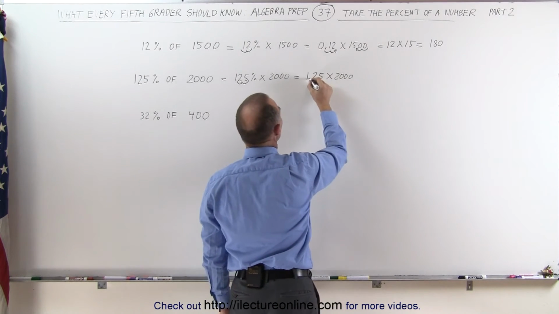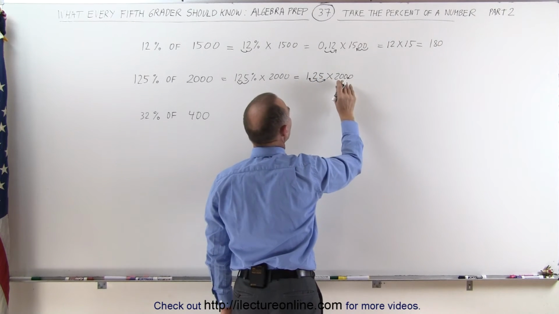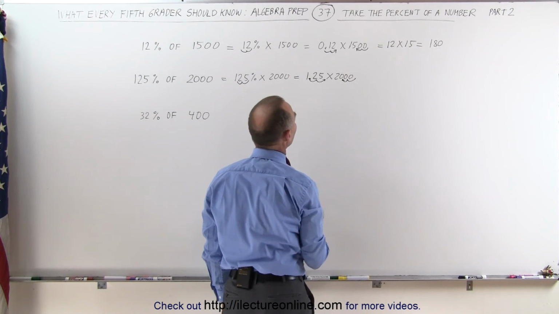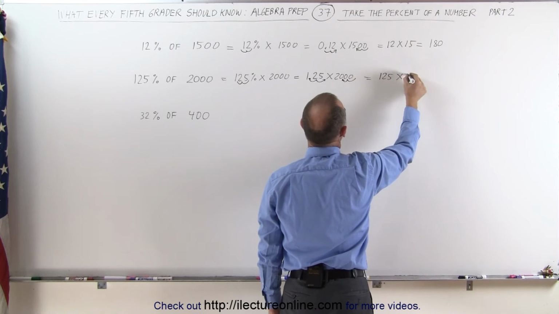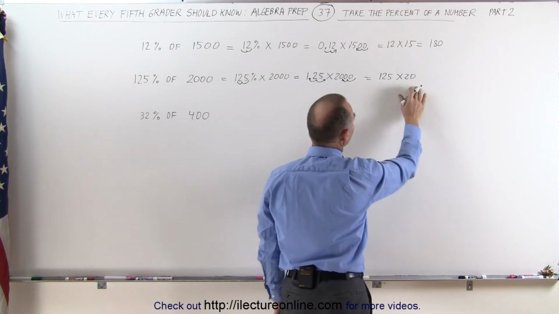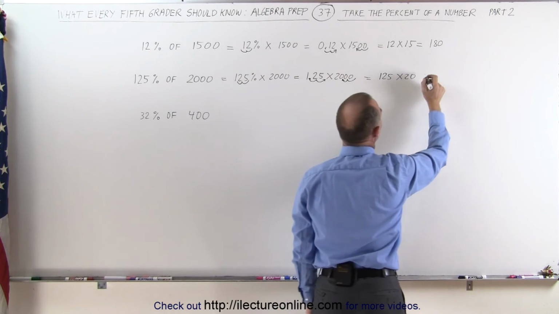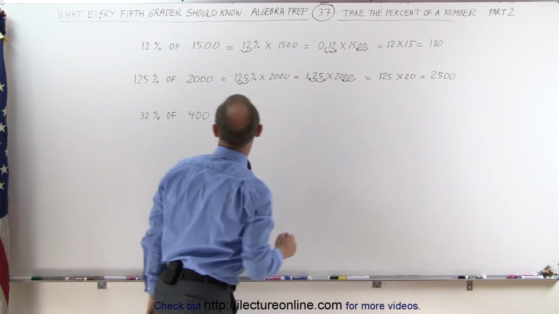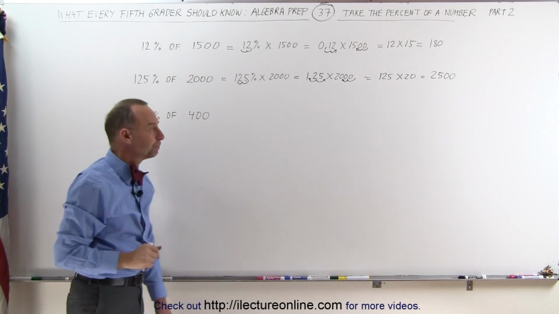What I do here is multiply this times 100, I move the decimal place over 2 spots this way, and here divide by 100, I move the decimal spot over 2 places this way, which means this now becomes 125 times 20. Well, 10 times 125 is 1,250, times 2 is 2,500. Which means 125% of 2,000 is 2,500.